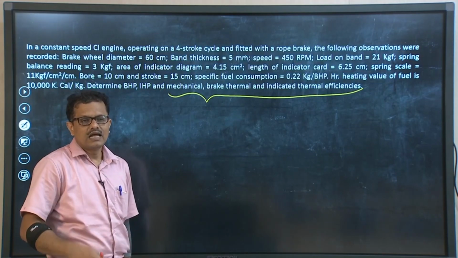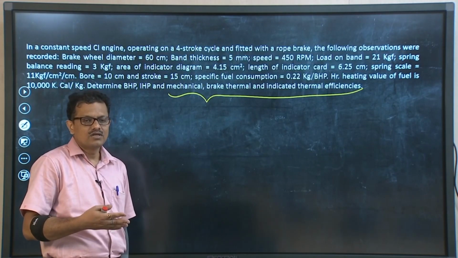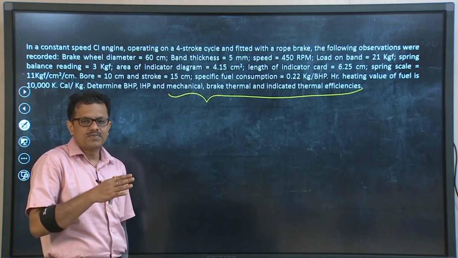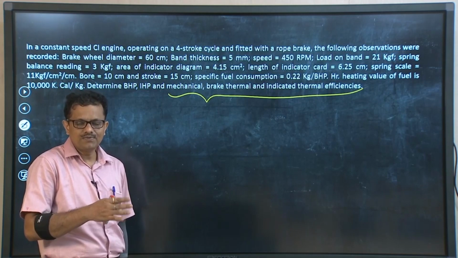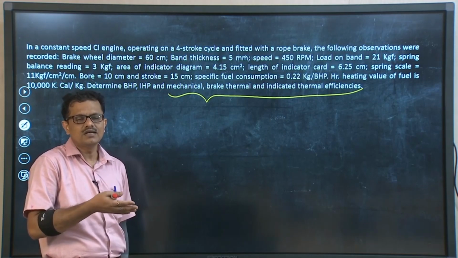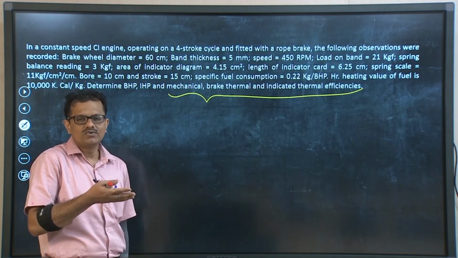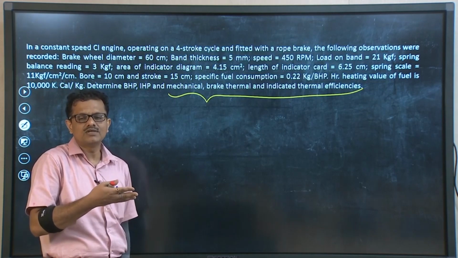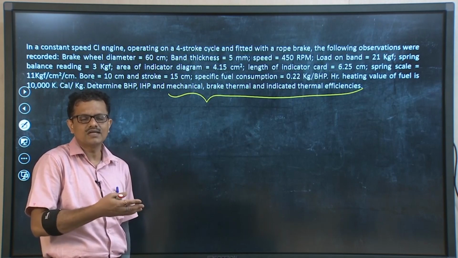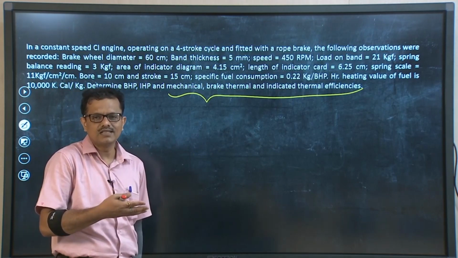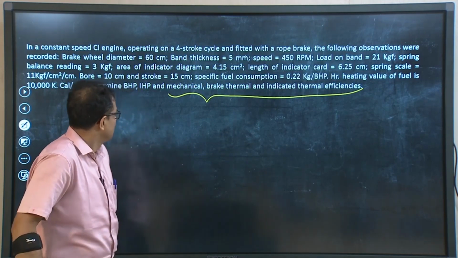At the cost of the input energy, brake work and indicated work are not equal. If we consider the indicated work to calculate the efficiency, then it would be indicated thermal efficiency. On the other hand, if we consider the brake work, that is the work available at the shaft, then it would be the brake thermal efficiency.